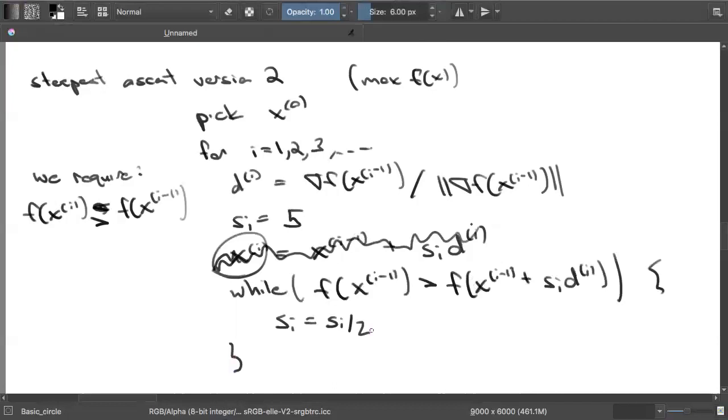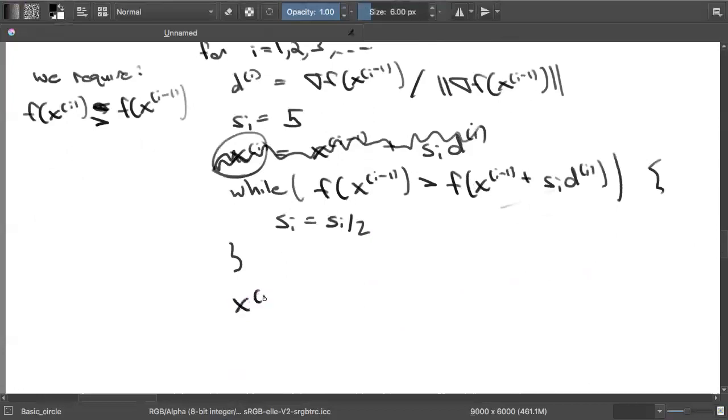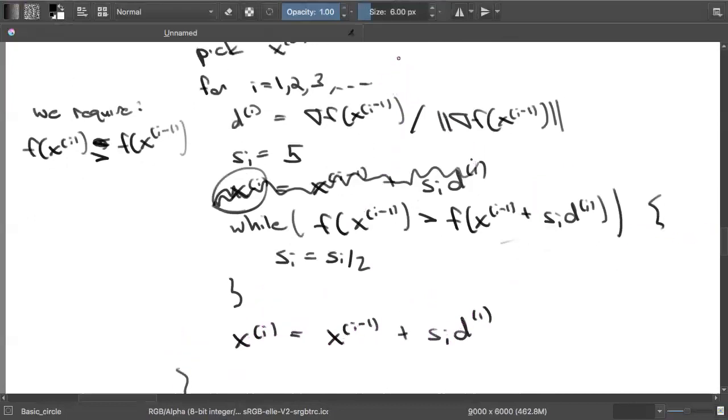After you do this while loop, you do the update: x_i equals x_{i-1} plus s_i d_i. And then you have a stopping condition where you check for the gradient being small enough. And this is referred to as backtracking.